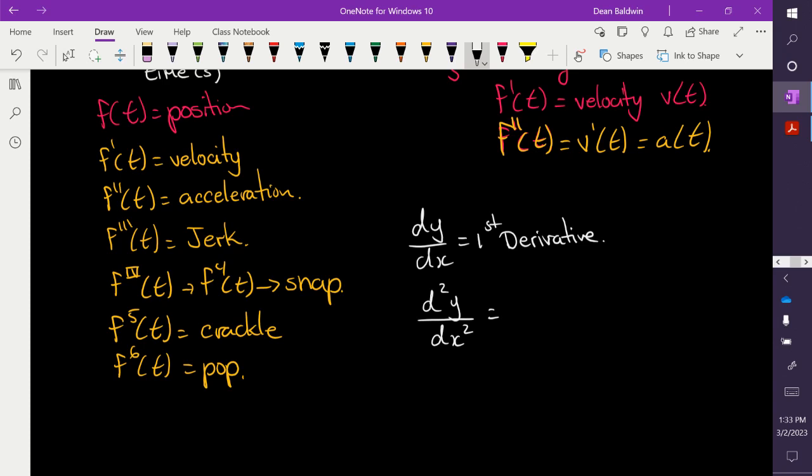All right. So dy dx is the first derivative, or f prime. And then you do f double prime, f triple prime, you can do that. But if you're writing it in terms of dy dx, what they do is they write d squared y over dx squared. This means the second derivative. Okay, so if you see that notation, it's the second derivative.